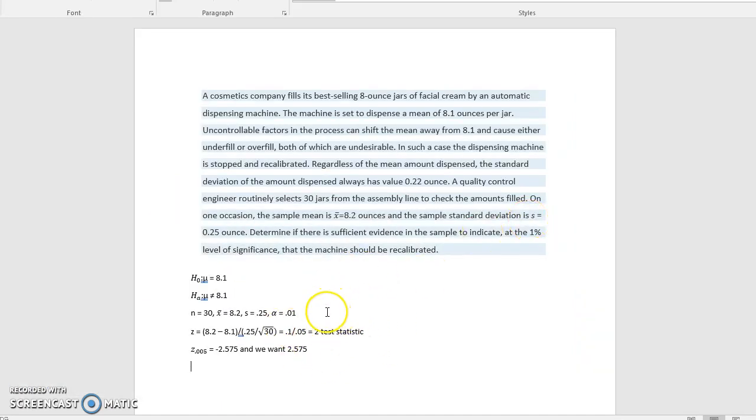Since 2 was not in the rejection region, we will fail to reject the null hypothesis. And in this case, alpha is 0.01.